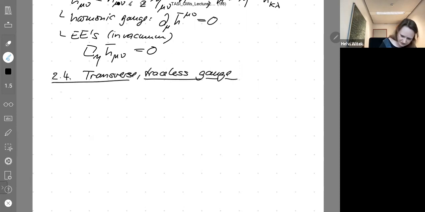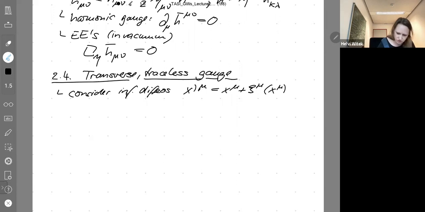If you remember, yesterday we talked about infinitesimal diffeomorphisms that can generate a gauge transformation. These can be written in the following form: new coordinates x prime mu equals x mu plus a generating vector xi mu that is a function of these coordinates.